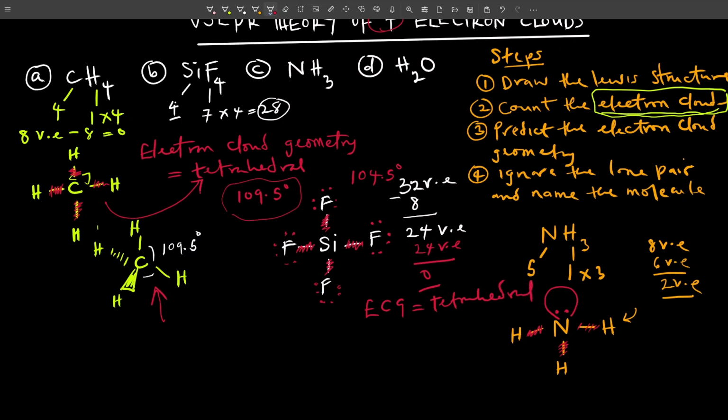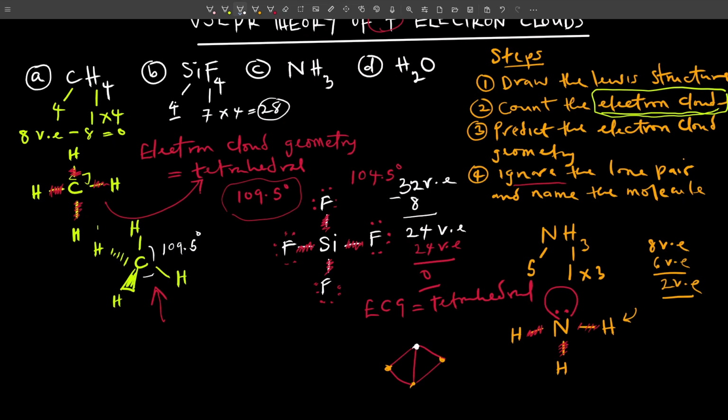So the last step says you should ignore the lone pair and name the compound. So if I ignore the lone pair, I'm going to have something looking like this. Where we have our hydrogens over here, and we have our nitrogen here as central.